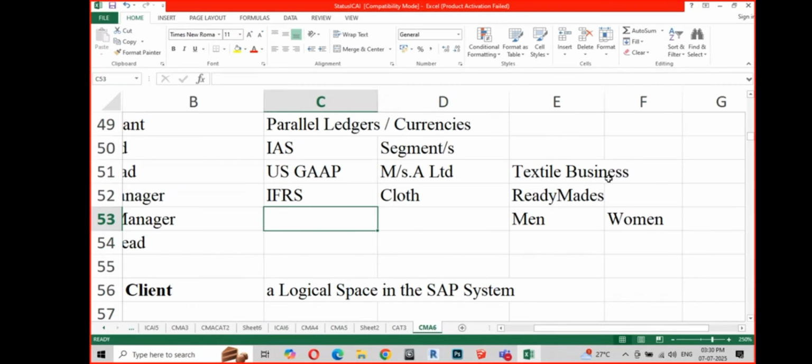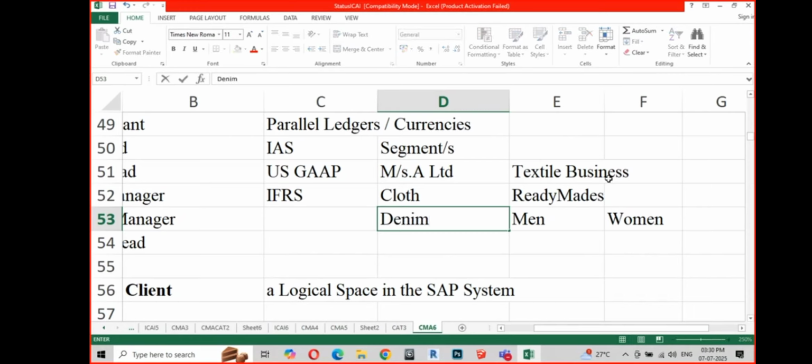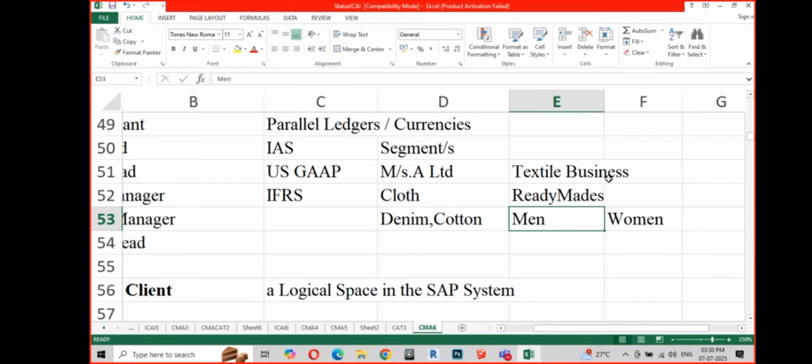Under cloth, you have denim, cotton, and under ready-mades, formals and casuals for both men and women. Clear?